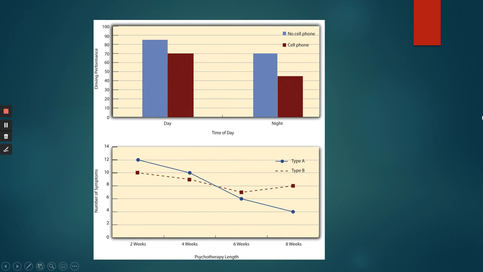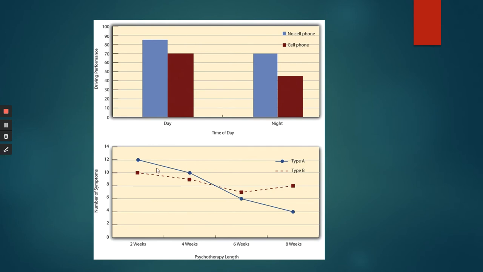So I just interpreted that other data, and so here's two other studies. Unfortunately, the book has these nice little pictures I can use, but they don't split them, so they throw them in together. I wish they would split them so I could put these in separate slides. These are different studies, but I'm just looking at the study here on top. So it looks like driving performance is a dependent variable, and there's two variables, and I don't know if it's predictor or independent variable.